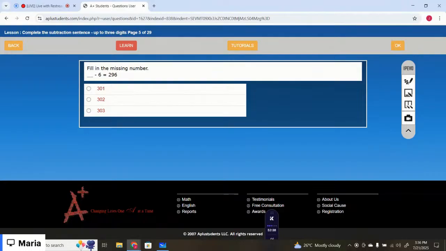Fill in the missing number. The missing number minus 6 equals 296. So which is the correct option?